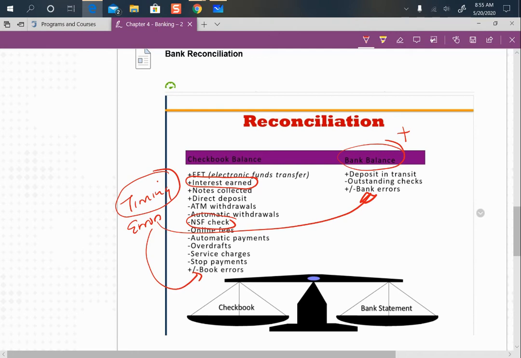But then, when the bank receives the check, they don't increase your amount, right, in your bank balance, because remember, the customer does not have enough funds. So it becomes a non-sufficient check, and therefore what the bank is going to do is not to increase your bank balance, but that non-sufficient check.